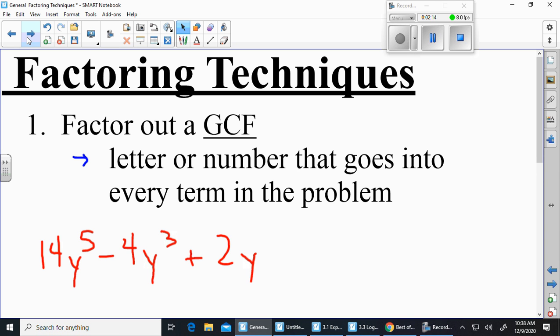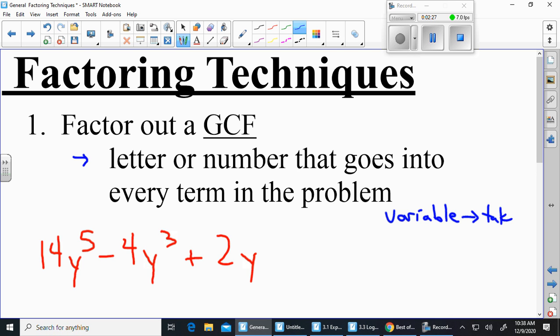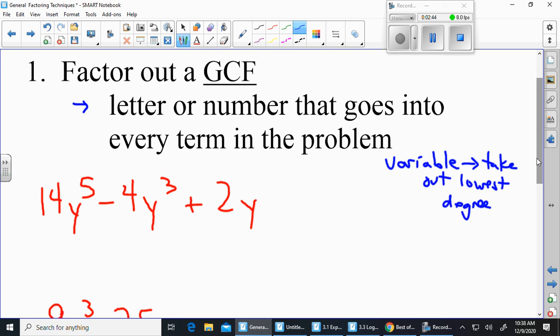With a variable, that variable has to be in every term, and you end up with a variable taking out the lowest degree. So you can't take an x cubed out of an x, but you can take an x out of an x cubed. So when you look at this, I'm just going to do a couple quick examples.